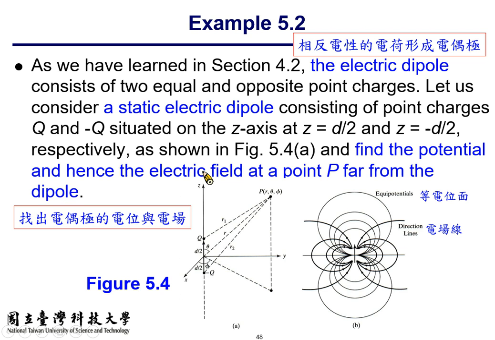So if you have a positive charge and negative charge, Q and minus Q, and this distance of D, then you can define the so-called electric dipole moment according to the distance and the amount of charge of the electrical dipole. So as you can see, the greater the charge Q is, the larger the distance D is, the greater the electrical dipole moment.